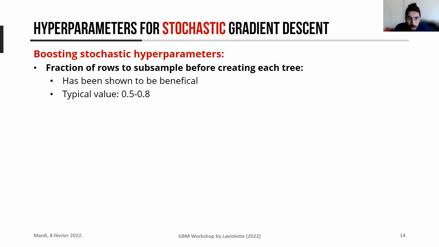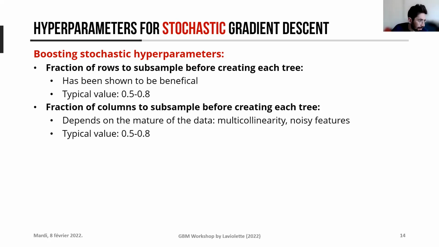And the next time you use another 50 different observations. Well, some of them are going to be the same, but at some point you only have a fraction of your entire observations that is used to grow each new tree in our ensemble of decision trees. And remember, one tree is one iteration in our process, because at each iteration, we add a new tree to our ensemble of trees.